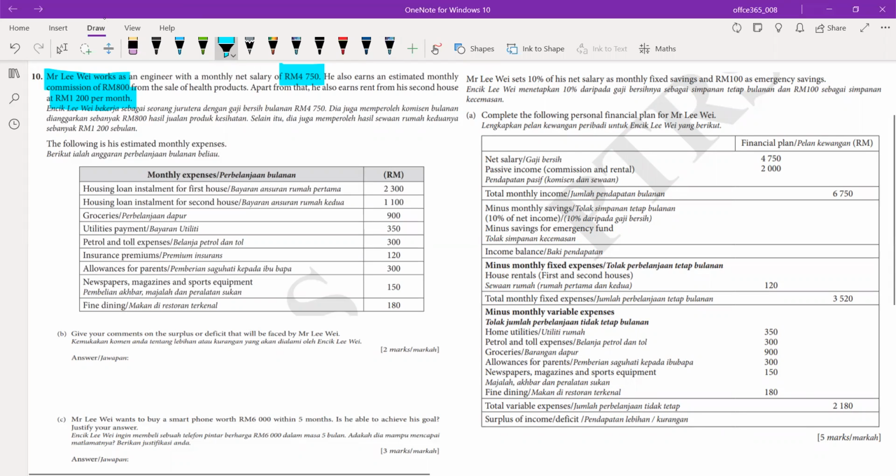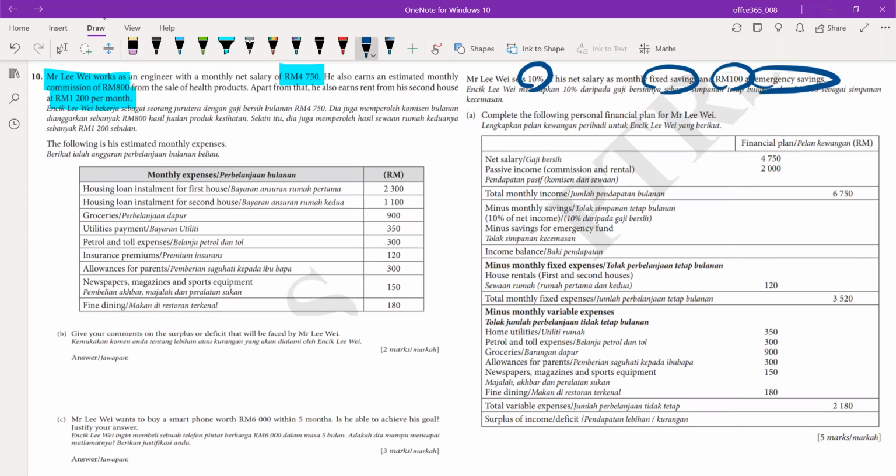So I want you to see carefully and study the expenses. They didn't tell you which one is fixed and which one is variable. So complete the following personal financial plan. That means he also says that 10% is for saving, and an emergency. So you have to know 10% for fixed saving, 100 ringgit as emergency saving. You take 10% of the net income.